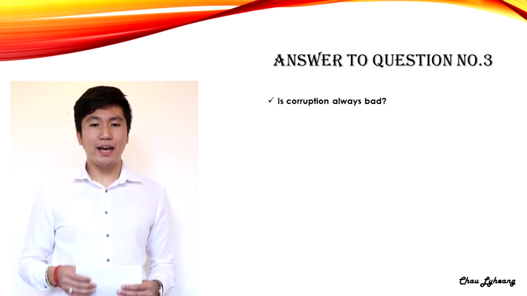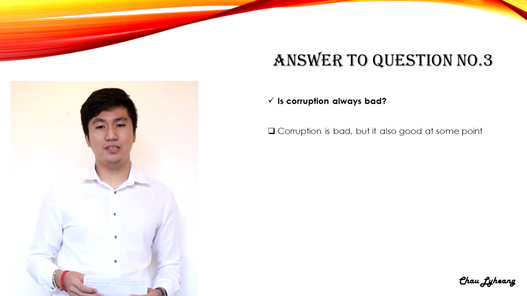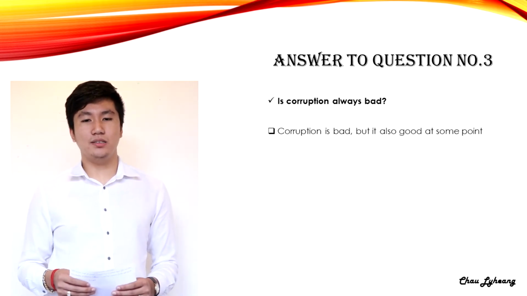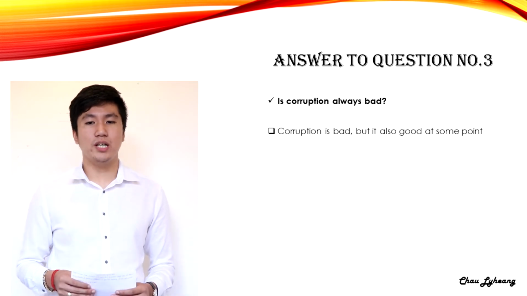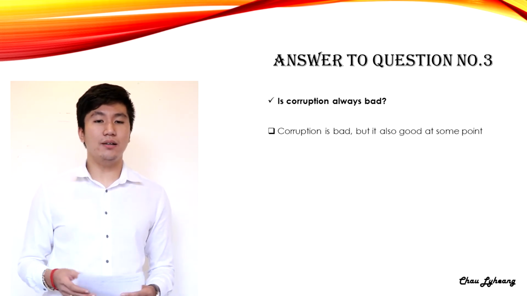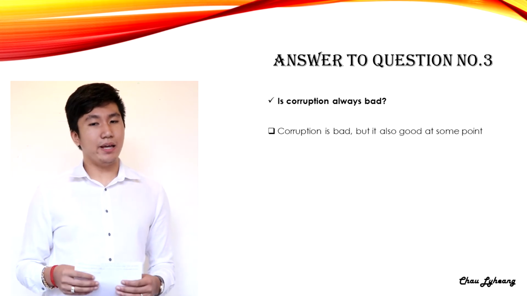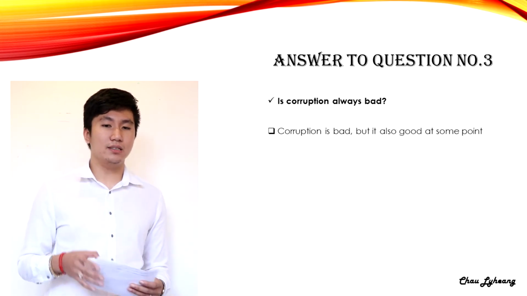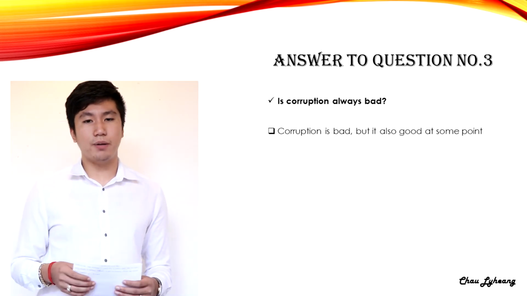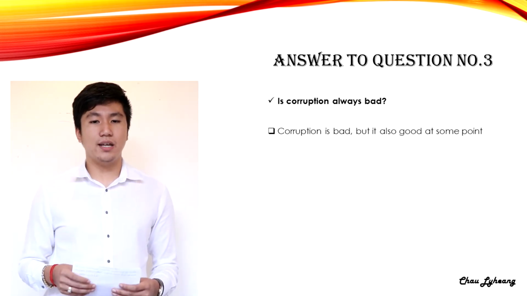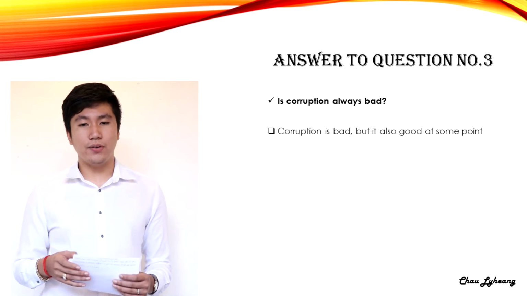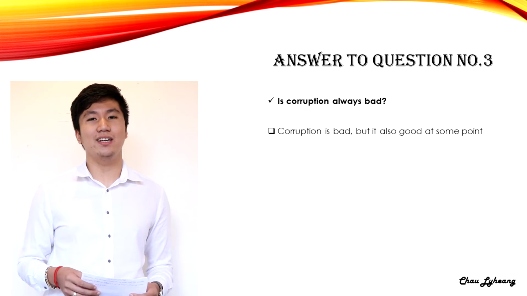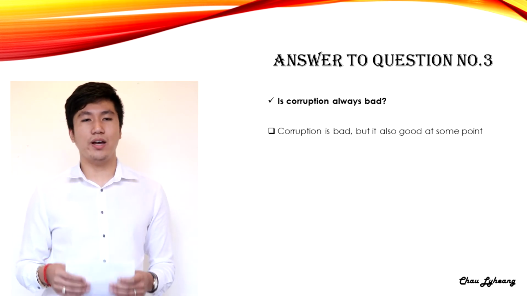Yes, corruption is bad, but it is also good at some point. For example, it does not affect economic growth when you just pay people money to do the work faster for us, but it may affect economic growth in the country when they don't pay tax or when the tax goes into a governor's pocket. So we can say that corruption is bad and might affect economic growth in the country, but sometimes corruption is okay and it doesn't affect economic growth at all.